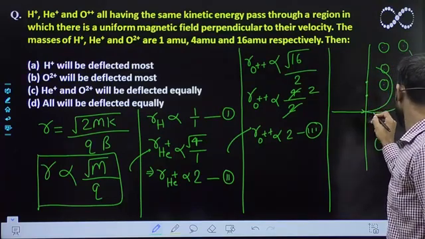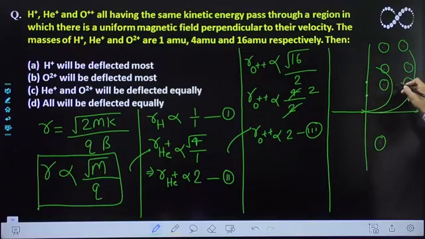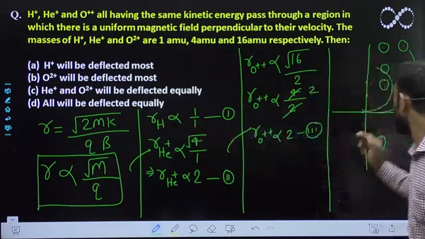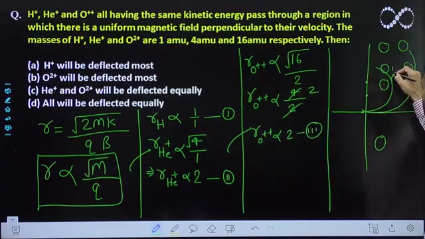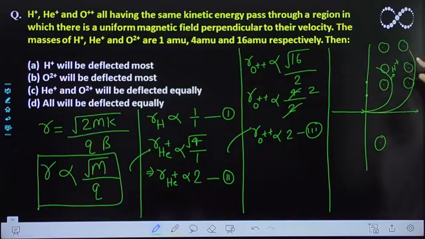You can easily see, for this circle the radius is less. So this is the path of hydrogen. And this outer one is the bigger circle, hence the radius of this one is large.